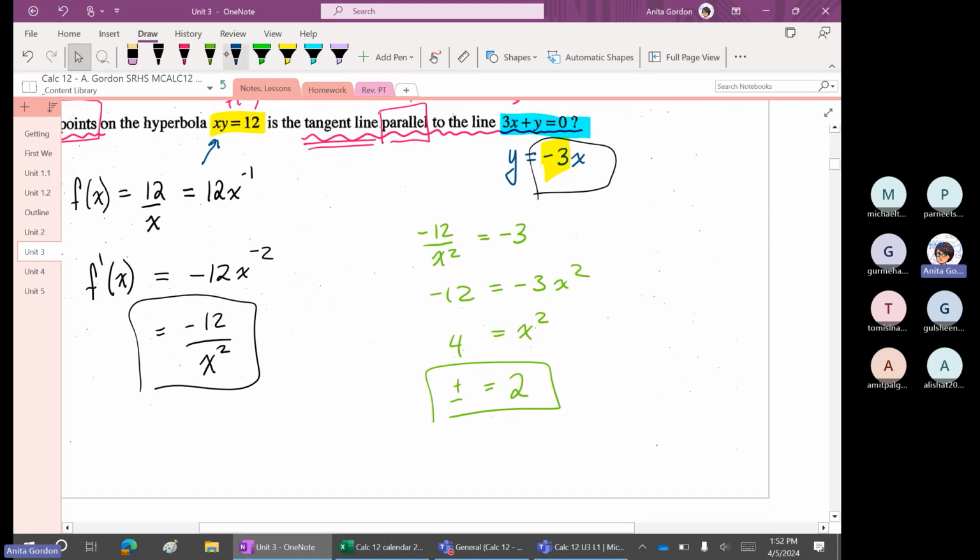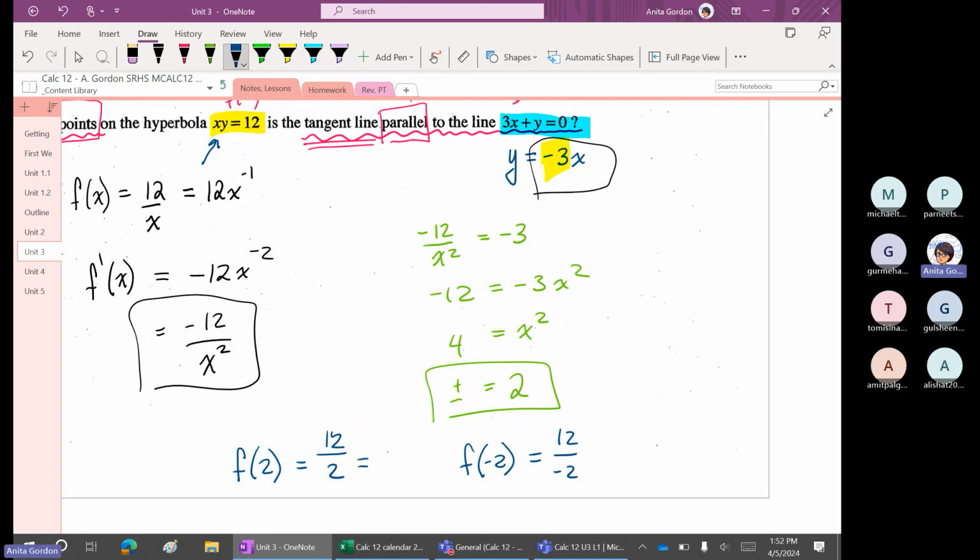So let's take a look at what the full coordinates are. If I put f of 2 and f of -2, this would give me 12 over 2, 12 over -2.